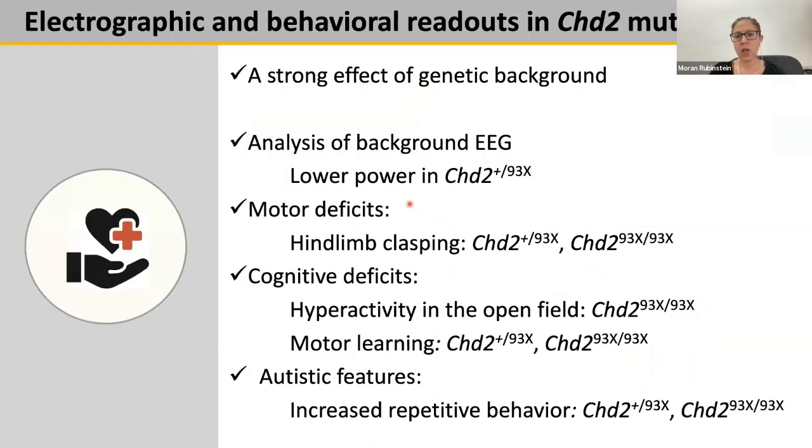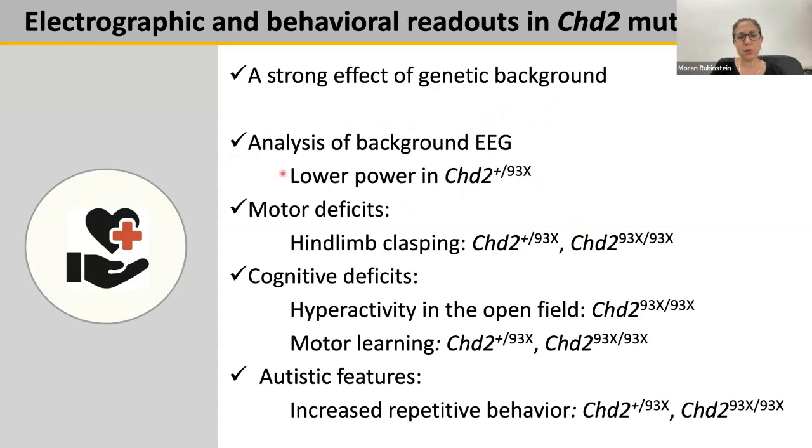So to summarize what I've showed you, we've characterized a novel mouse model harboring a frameshift mutation in the CHD2 gene. And we have some specific phenotypes that can be used to evaluate the effectiveness of current and novel treatment options. And the readouts that we propose are, first of all, analysis of background EEG, as we have lower power in mutant mice.